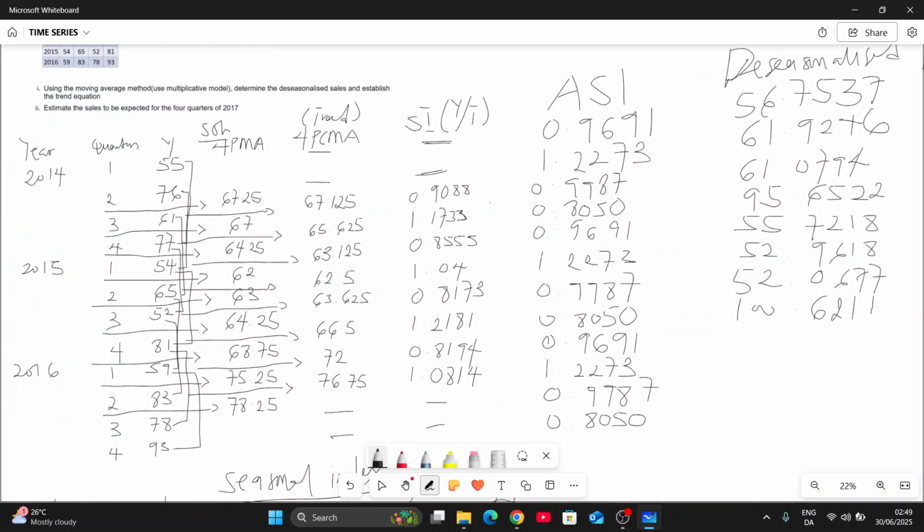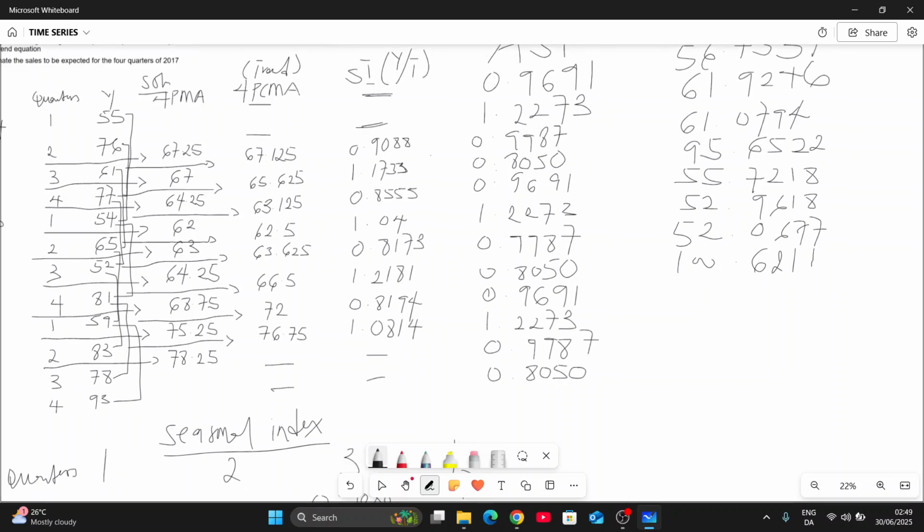Then when you go to 2016, for the first quarter, we had a value of 59. 59 divided by 0.9691, which is 60.8812.